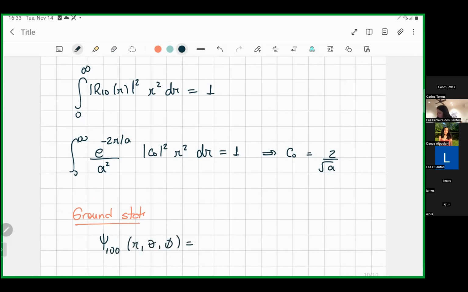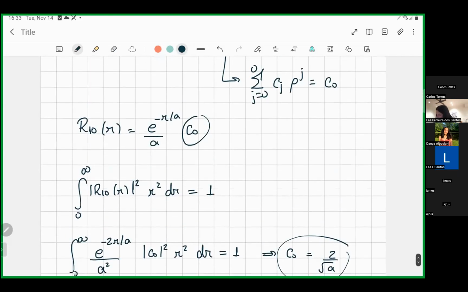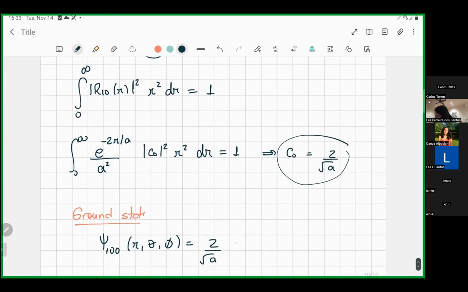We found that the radial part has this constant here, so I'm going to copy it here. Okay, so this constant. We also have this whole part here, so I'm going to copy that. Okay, over A. So this is the radial part.